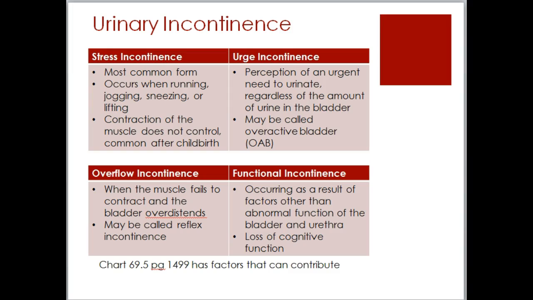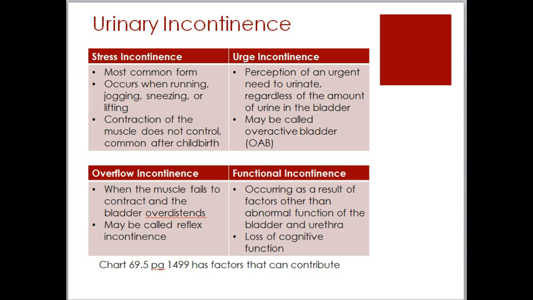Overflow incontinence is when the muscle fails to contract and the bladder becomes overdistended. Some places may call it reflux incontinence, others just overflow. And basically the bladder just leaks out a little bit of urine so it doesn't rupture, because a bladder can rupture. Then we have functional incontinence.